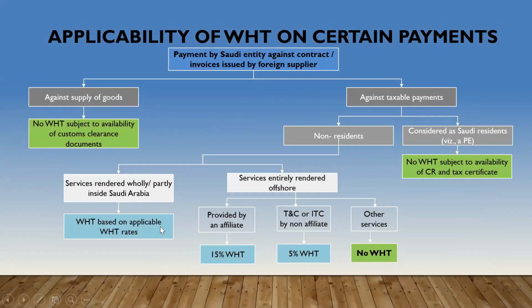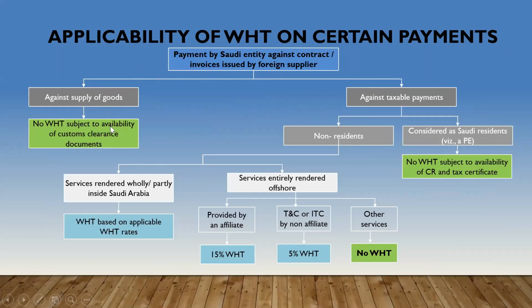Now, I have tried to summarize the applicability of withholding tax and the rates. Let's start: a Saudi entity is signing a contract with a non-resident, and that contract is for supply of services or supply of goods. If it's supply of goods, then it would not be subject to withholding tax.